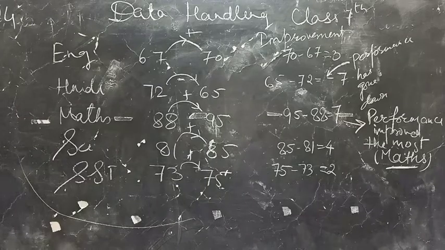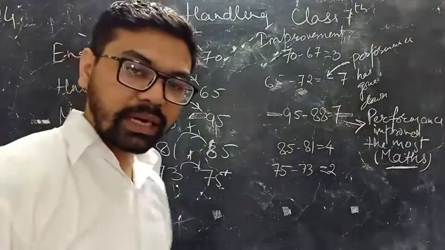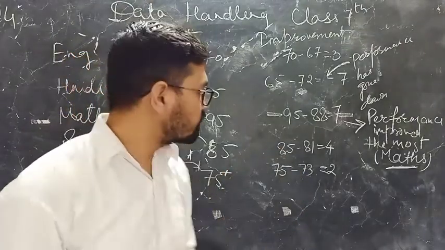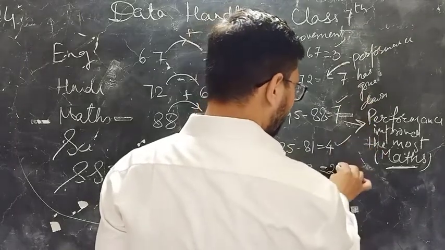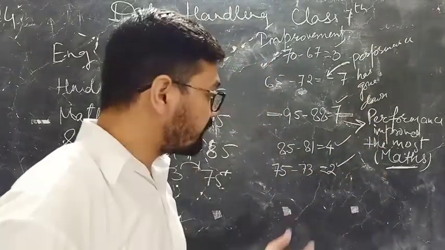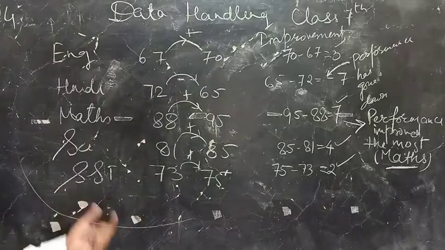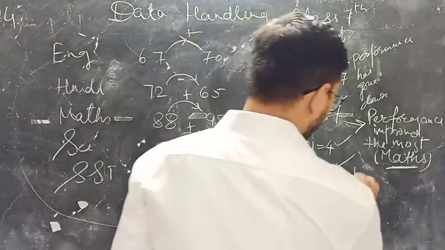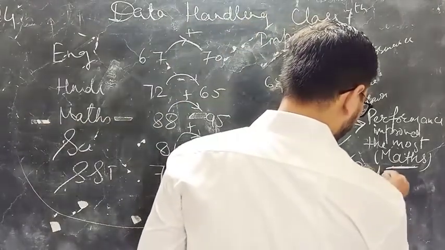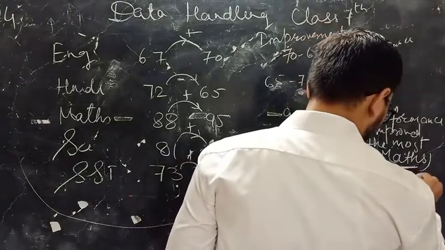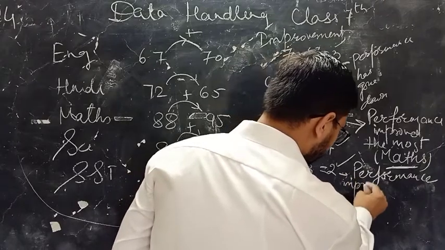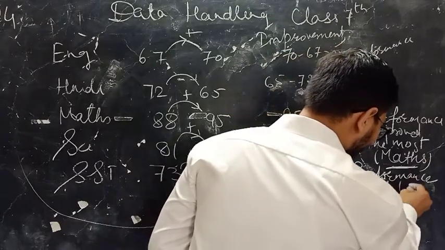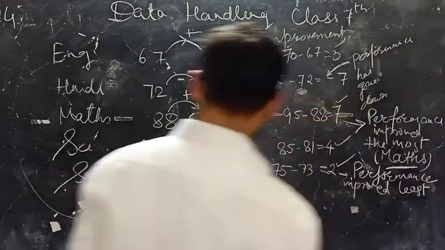Then the second part is, in which subject is the improvement the least? Improvement means there is an improvement, but least. So this is an improvement, this is an improvement, this is an improvement, this is an improvement, but the improvement is least in case of social science. So performance improved least in social science.